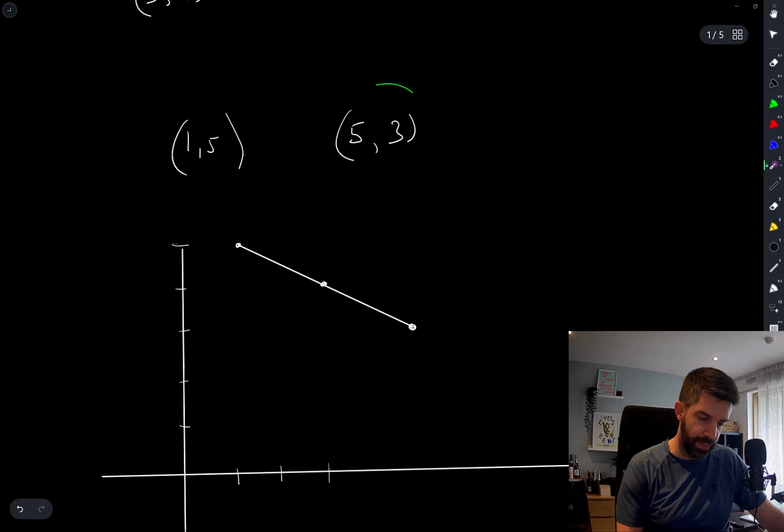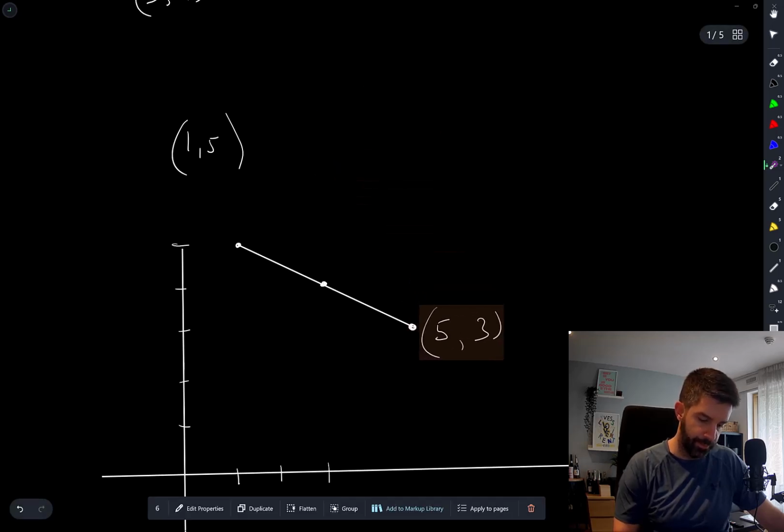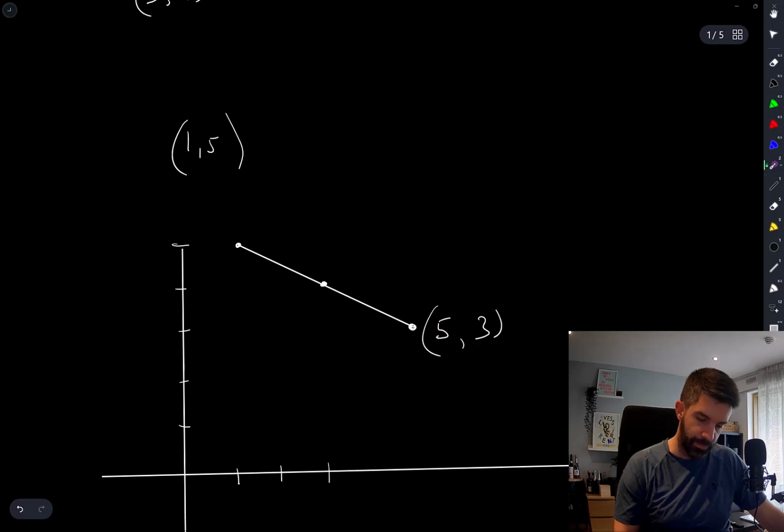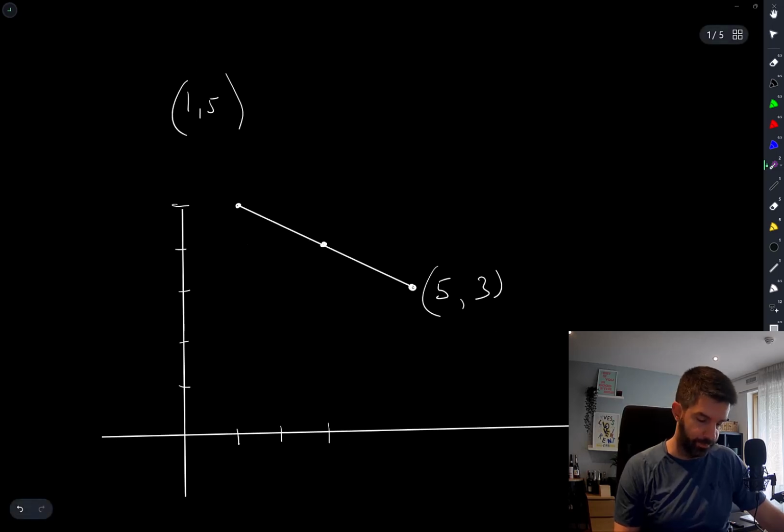Yeah, 5, 3 is on the square. That's this point here. The issue here is that the sides are not vertical. Okay, so there's a little bit more to this than I thought.